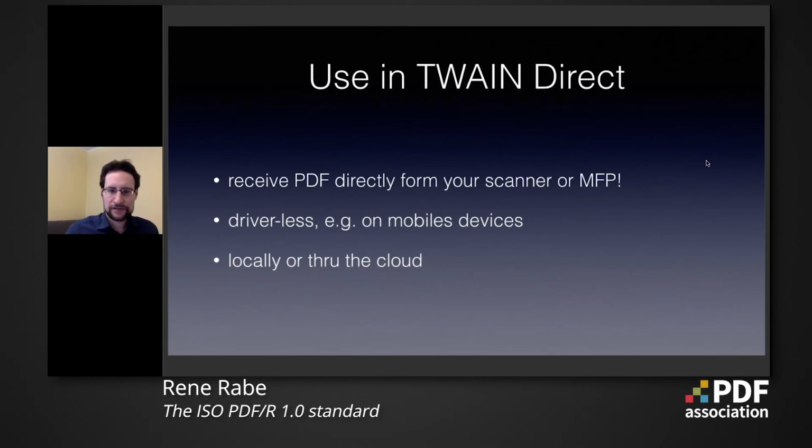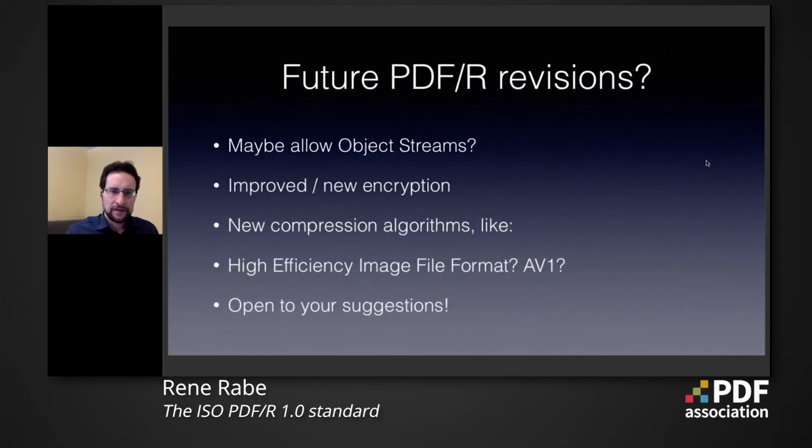TWAIN Direct is driverless, especially for mobile devices, because certainly you can't install a driver on your iPhone or Android tablet. And we support both local scanning and use through the cloud. These are two standards. So it's TWAIN Direct Local, and that is a base standard, and TWAIN Direct Cloud is an additional standard for cloud communication and APIs on top of that.